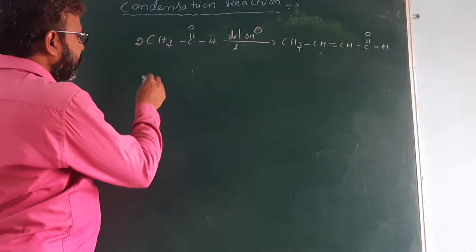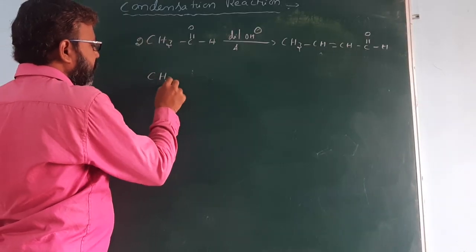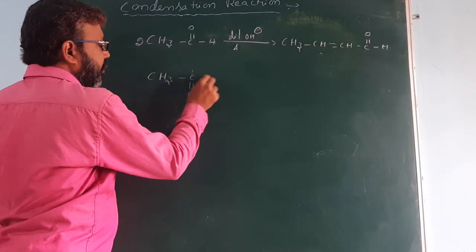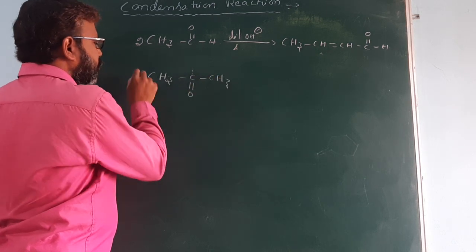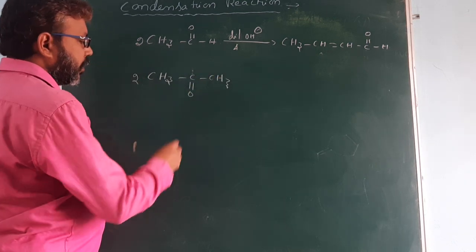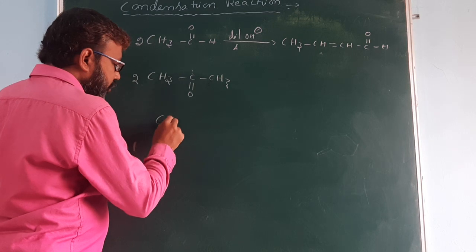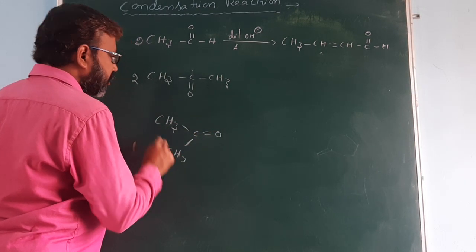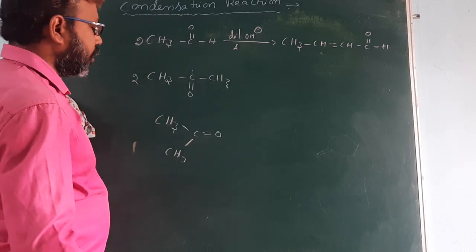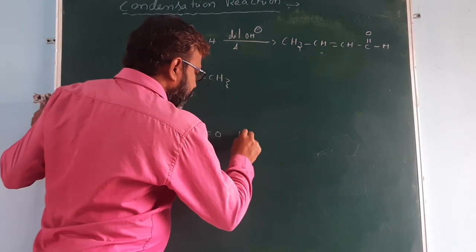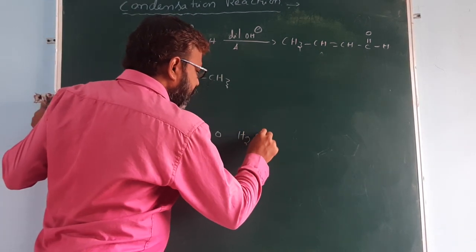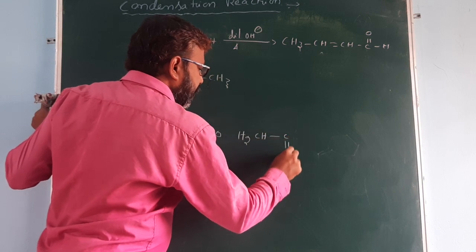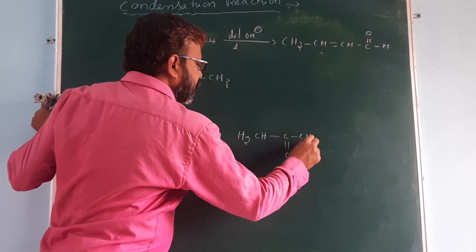Write another example. So CH3, C double bond O, CH3, 2 moles. Already you know. So acetone has 2 alpha carbons. H2C, H, C double bond O, CH3.